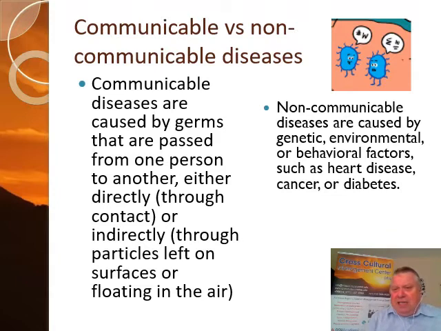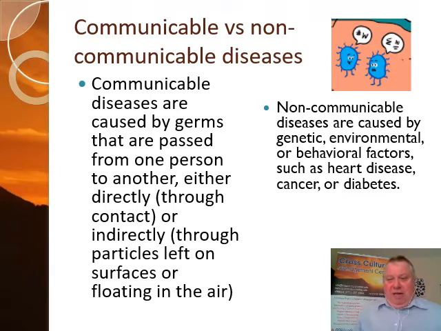Now, there are lots of other diseases that have nothing to do with contagion. These diseases are caused by environmental factors. It may be that you have genetic issues like Crohn's disease, or there might be environmental factors like radiation causing cancer. There may be behavioral factors like you eat too much fat.